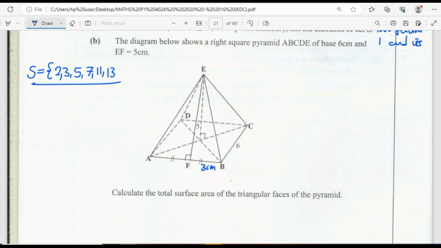Now how can we find this height? If we draw a line from here up to here, this middle part, we also have a 3. So if we take this as a right angle triangle, in fact we already have the height.